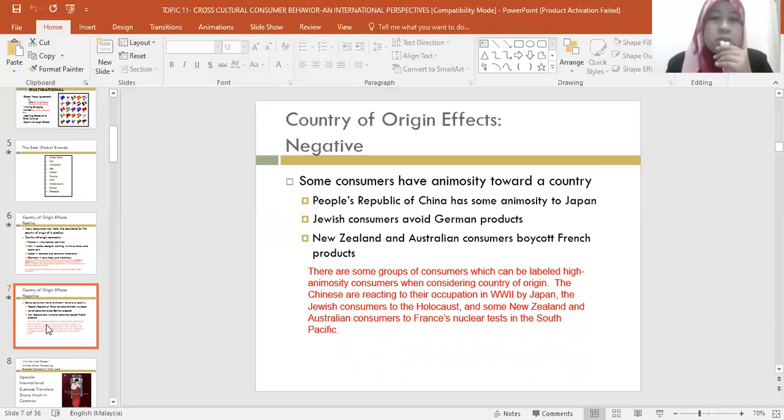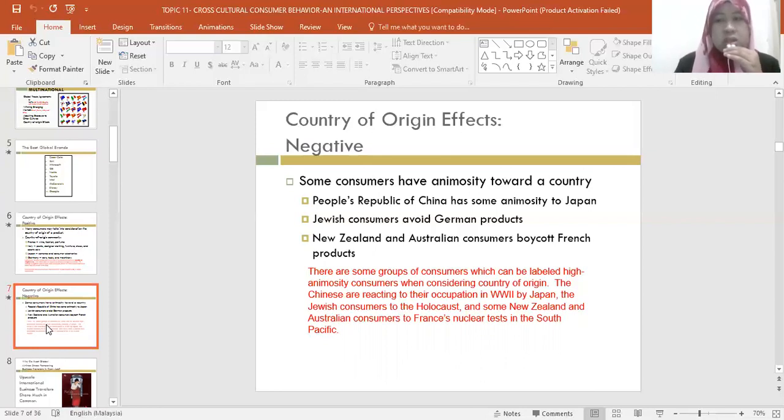Number one, the People's Republic of China has animosity toward Japan. If you still remember, during World War II there was a conflict between the two, and the Japanese attacked the Chinese during this war.